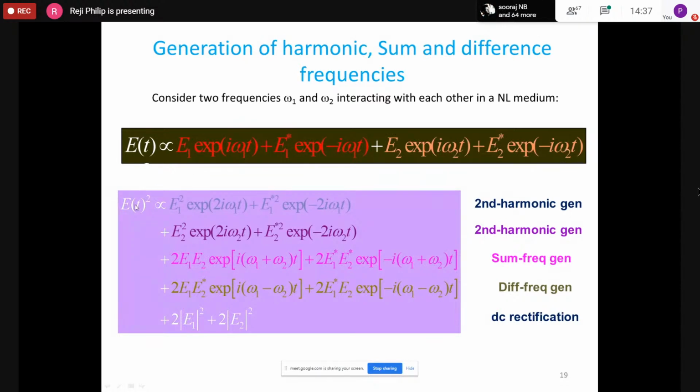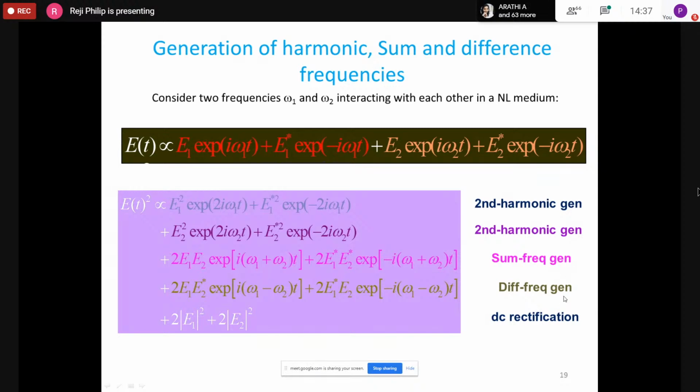Now calculate E(t) square like we did earlier. You multiply each of these terms with the same terms, and when you do that, you will see that there is second harmonic generation of both frequencies. From omega 1 you get 2 omega 1, from omega 2 you get 2 omega 2. Then there is a sum frequency, omega 1 plus omega 2, which appears twice, so that's the same thing.